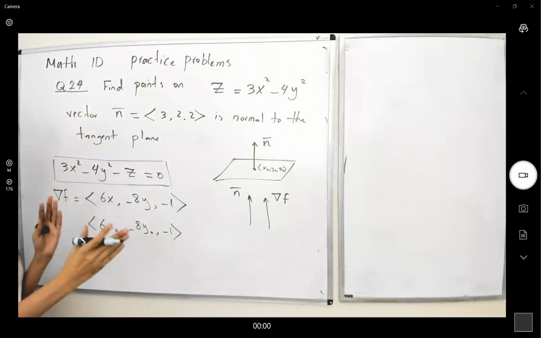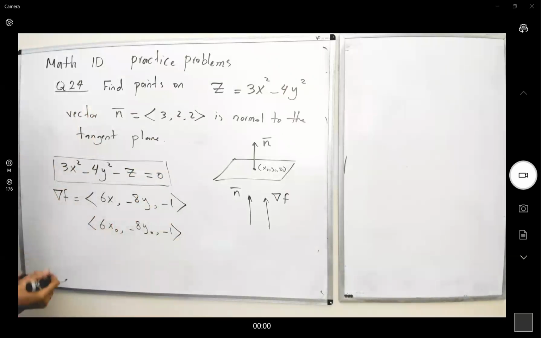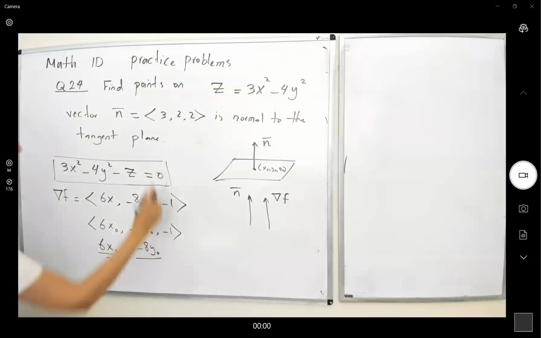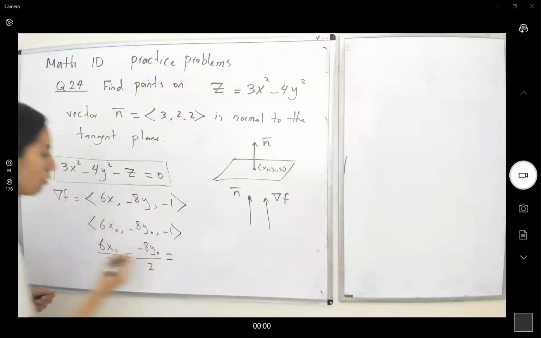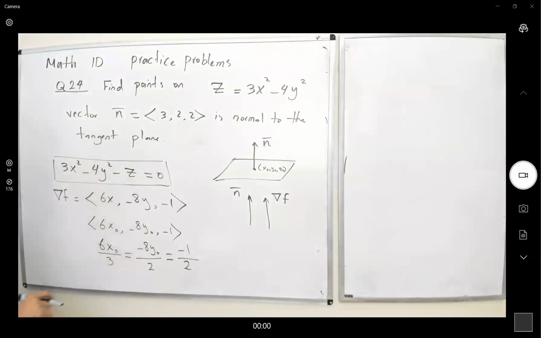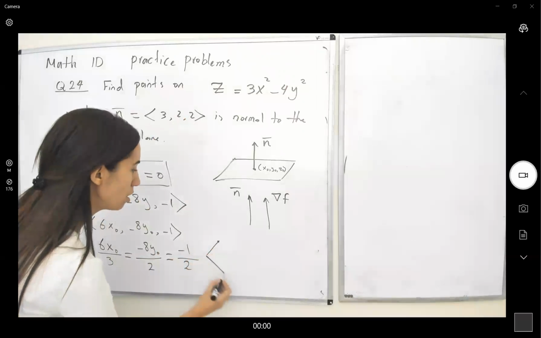It means that they are scalar multiples of each other. So 6x sub 0 divided by 3 must be equal to negative 8y sub 0 divided by 2. It must be equal to negative 1 divided by the last component of the vector, which is 2. As you can see, we can form linear equations and solve for x sub 0, y sub 0.